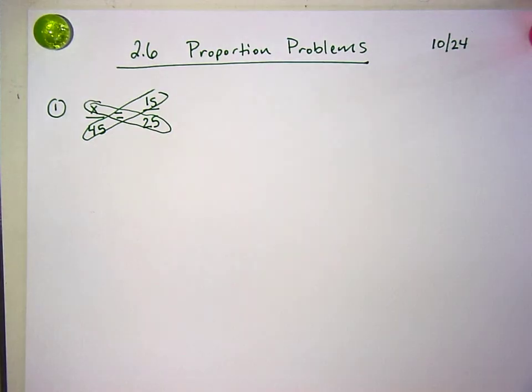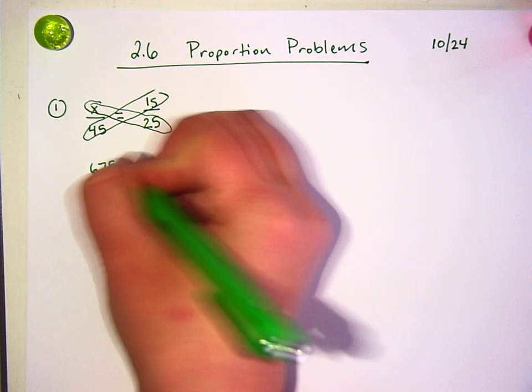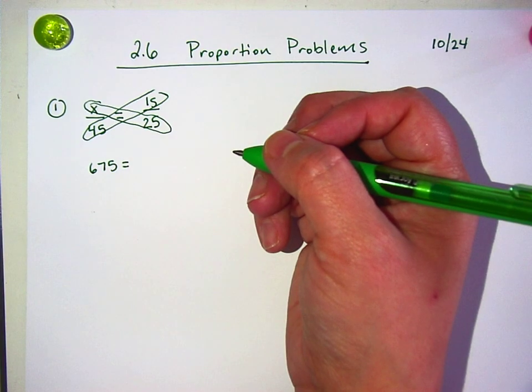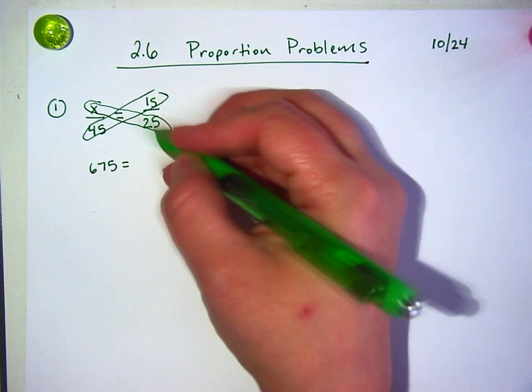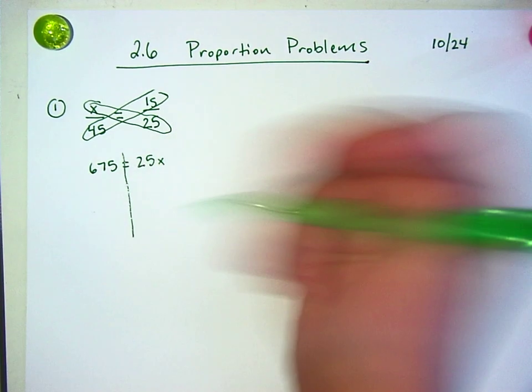In your calculator, put in 45 times 15. You said 675? Yeah. Okay, and then that equals 25x. Now I'm going to draw my line.